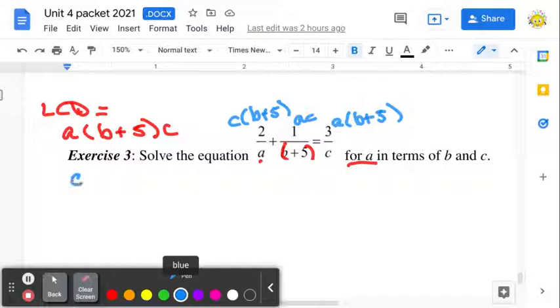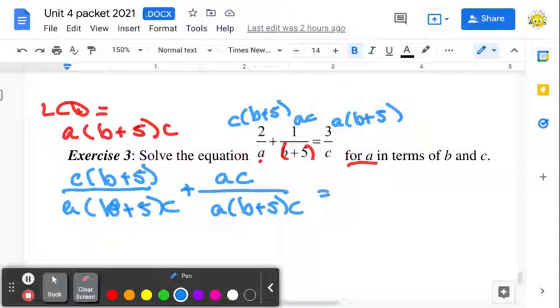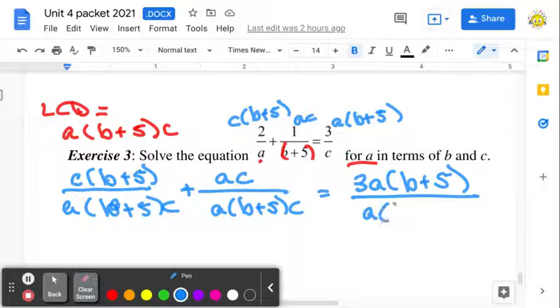I don't know how much that's going to save. So we end up with C times B plus 5 over A, B plus 5, C, plus AC over A, equals 3A, B plus 5, all over our least common denominator, A, B plus 5 times C. Now we can cross off those denominators.